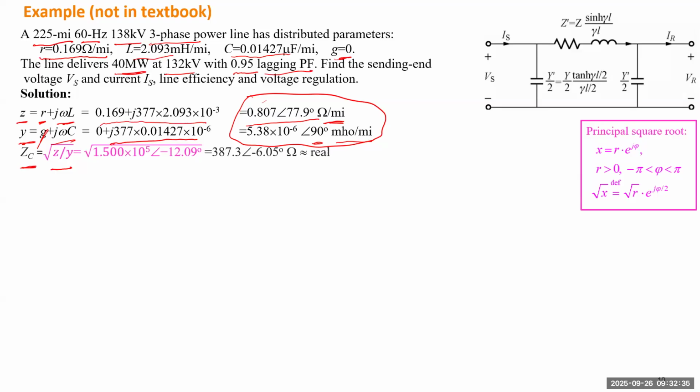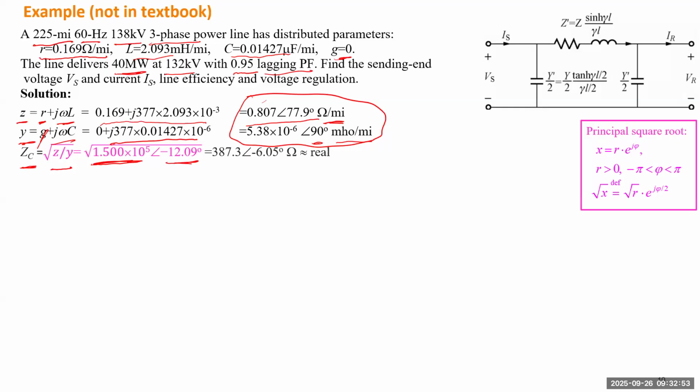You first calculate the division of the absolute values and then the subtraction of the two angles. When you calculate the square root, make sure this part is positive and this angle is within negative pi and positive pi.